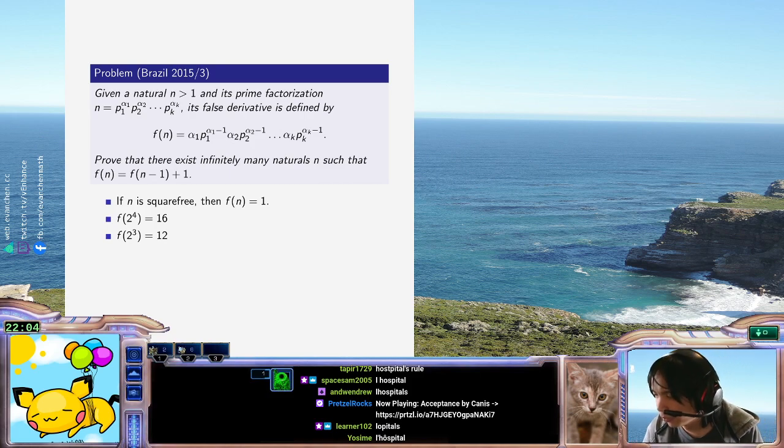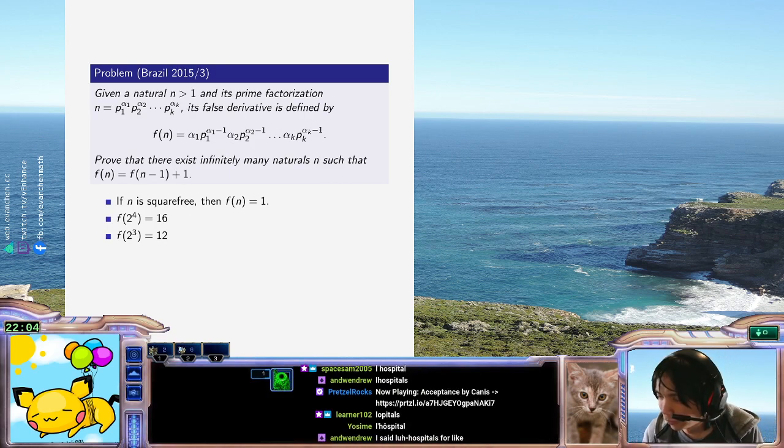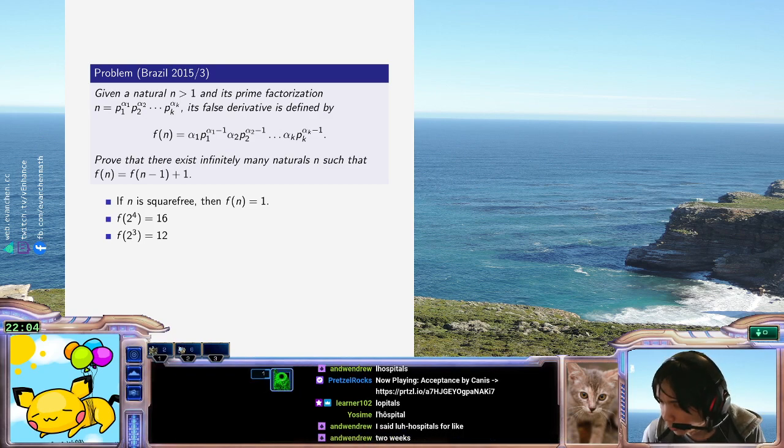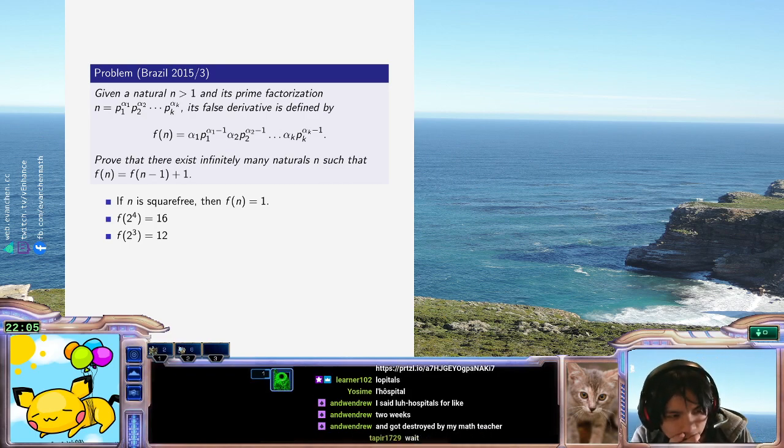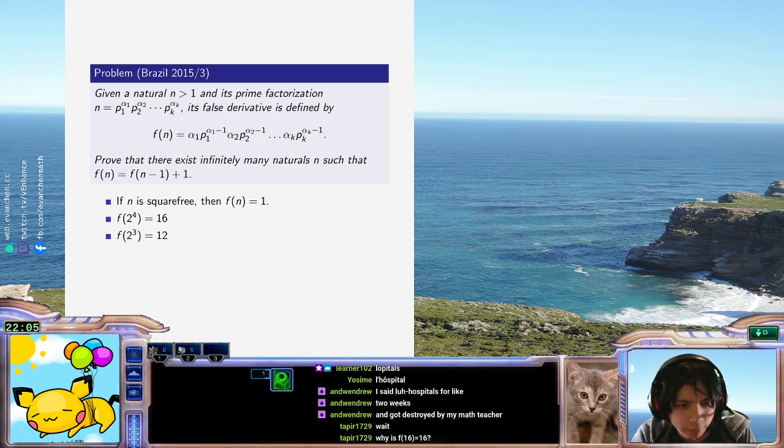I want two numbers with f values that are off by 1 from each other, and I'll explain why in a moment. I need a 5, 5, 4, 16, 15. f of 16, is that all 16? Oh no, it's 32, sorry.